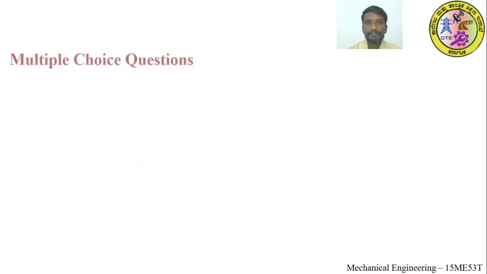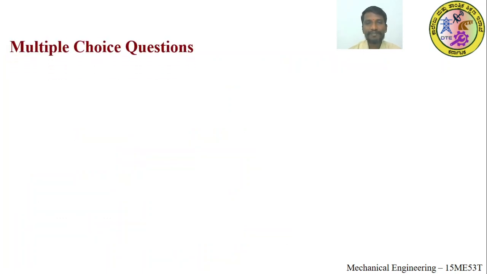And also we'll come to multiple choice questions. Before that, I need to tell you something. Here we have calculated the values of different parameters by using the figure 4.4, that is the quarter joint, and also calculated based upon the equations.